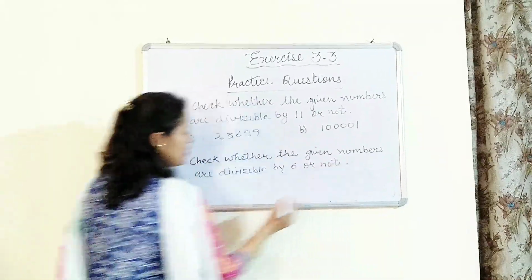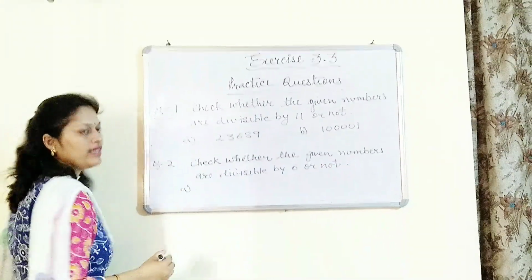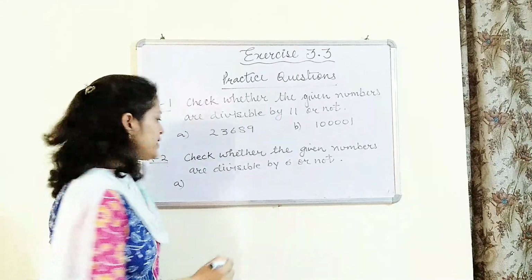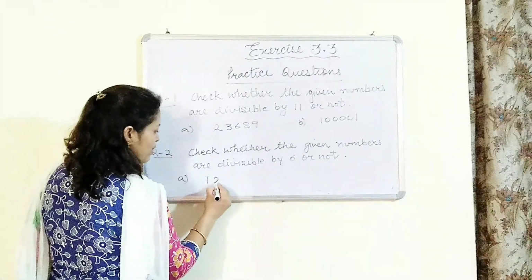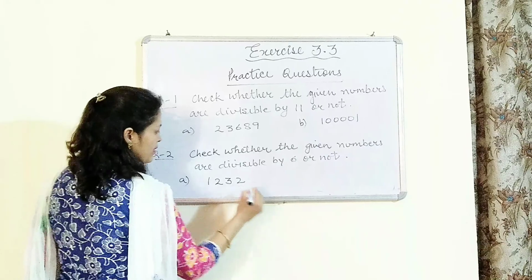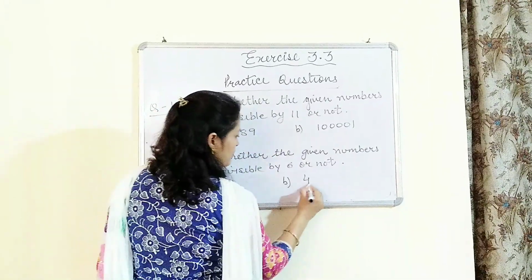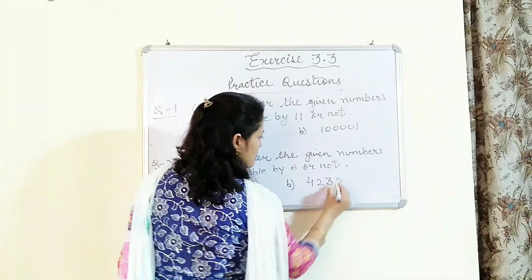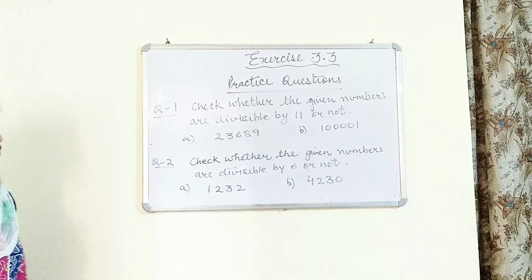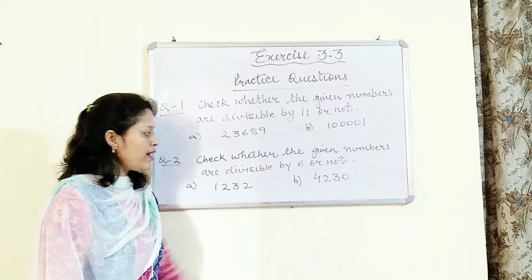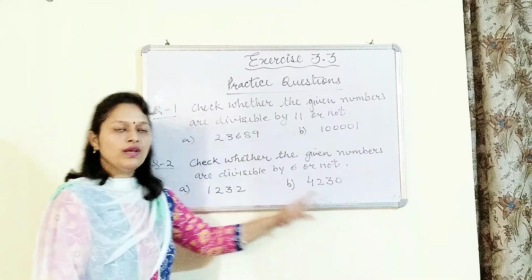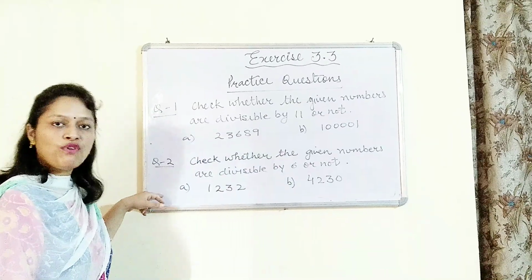In this question, you have to check the divisibility by 6. The first part is 1, 2, 3, 2 and the second part is 4, 2, 3, 0. Okay, now these are the two questions for your practice.